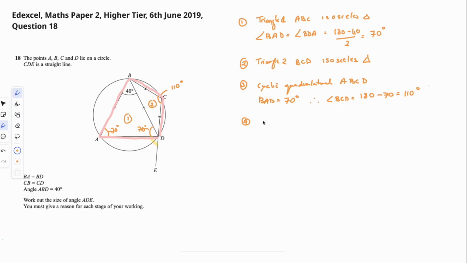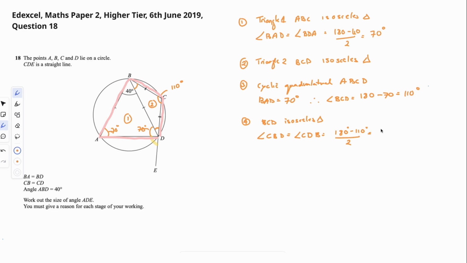So we can say that BCD is an isosceles triangle, which we said earlier on, and we can therefore say that angle CBD is equal to angle CDB, which is therefore equal to 180 degrees minus 110 degrees, divided by 2, because we've got two equal angles here.